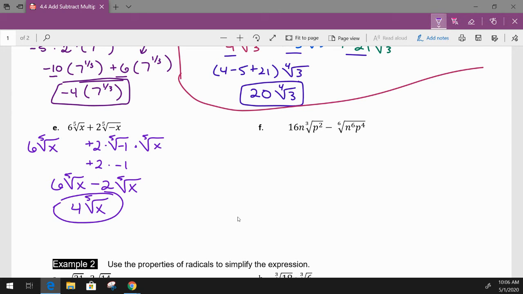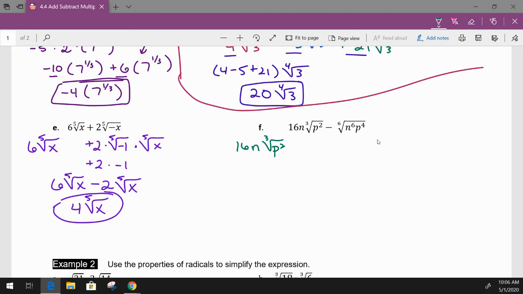The next one we have has 2 variables in it. The third root of p squared cannot be simplified. So this first term we're going to leave alone. But this second term we are going to have to simplify.